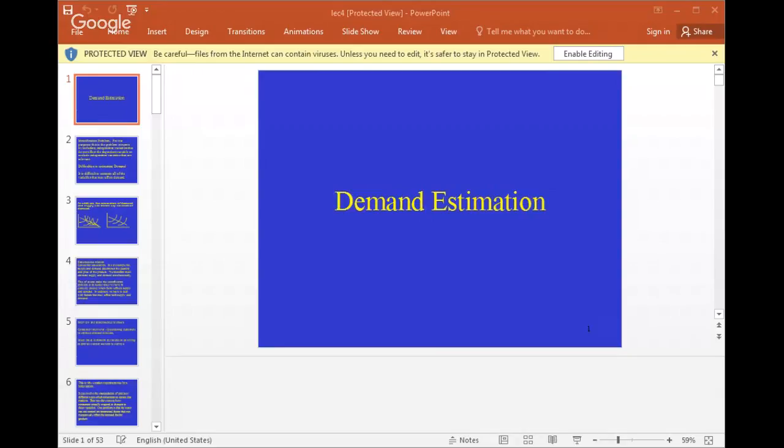So I have Q of X equal to 100 minus 2.1 PX plus 1.6 PY plus 3.2 I plus 1.5 A, and of course let's do all the standard errors.